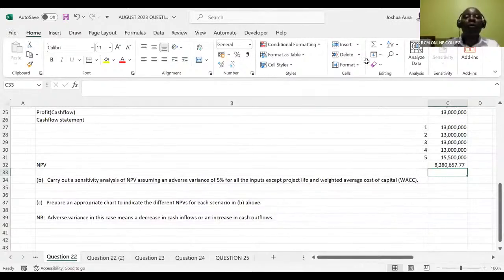What do we know about sensitivity analysis? Under sensitivity analysis, we change variables in a model one at a time, and then you observe the impact of that change on the net present value.